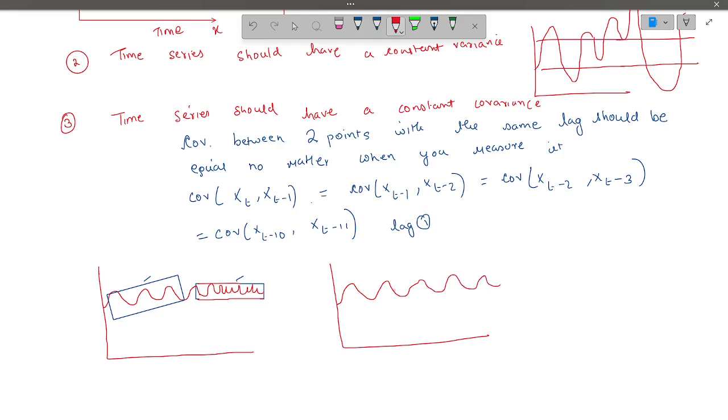The spread should be even. अगर spread ऐसे close होते जा रहे हैं ना, तो covariance between points with the same lag is not same. So this is non-stationary.